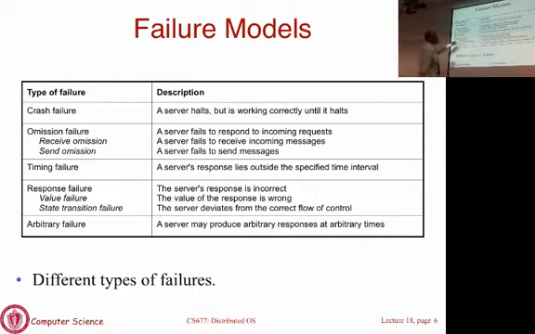Either it did not process the incoming message or it did not send the message. That's an omission failure. A timing failure says a server is responding, but the latency with which it responds is causing an error. It's too slow. It's causing other things to time out and assume that the server has failed.